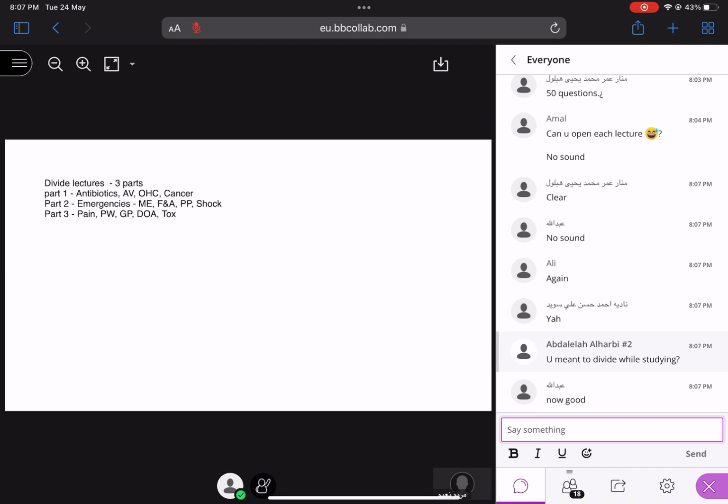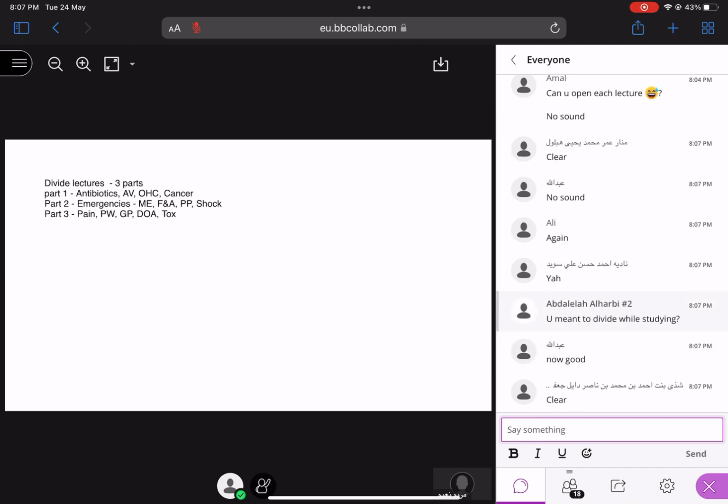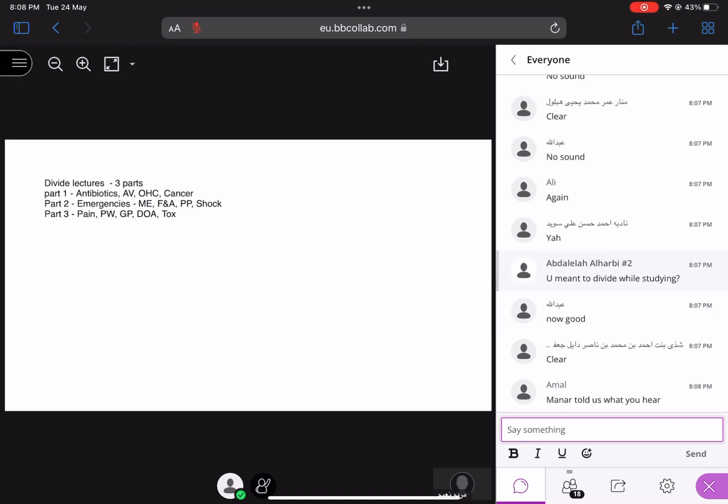Yes, you have to divide the lectures into three parts while you're preparing for your examination. Part one will include lectures related to antibiotics, antiviral, oral health condition, and cancer.